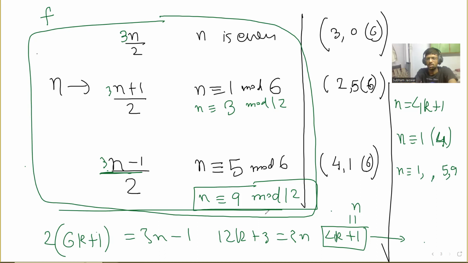I think we are making some mistakes. If n is 4k plus 1, it can be anything which is 4k plus 1, so modulo 12, it can be 1, 5, and 9. We need to have all of them here.